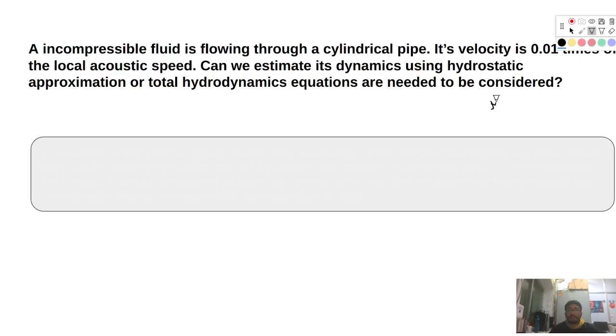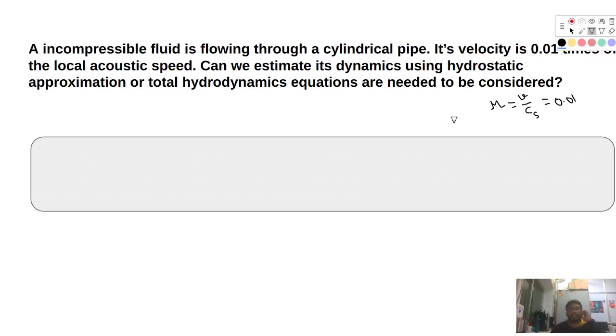So we know about the Mach number, right? Now Mach number gives us the ratio between the flow velocity and the local sound speed, which is Cs, right? So this is given as 0.01. So this is basically a subsonic flow in which the velocity is very much lower than the local sound speed.